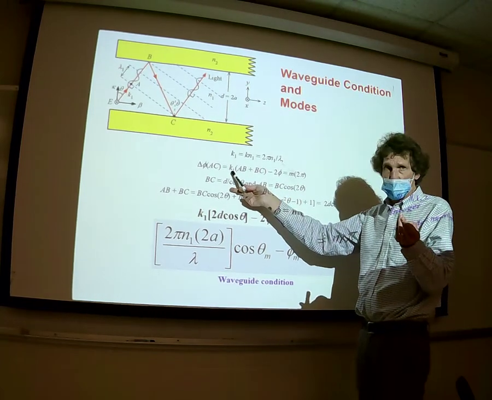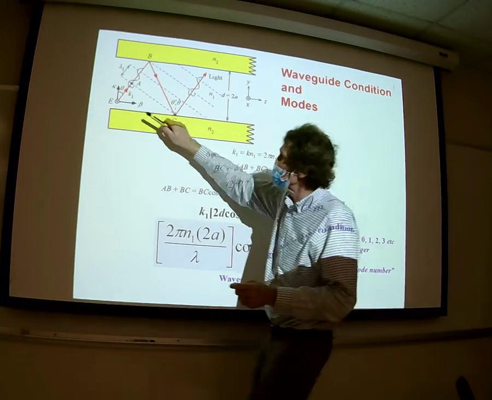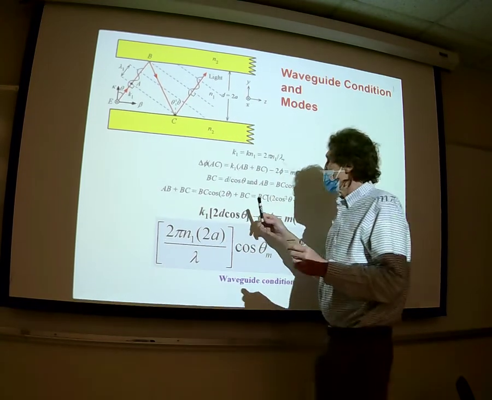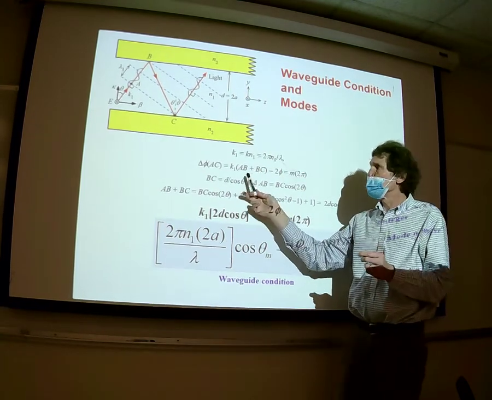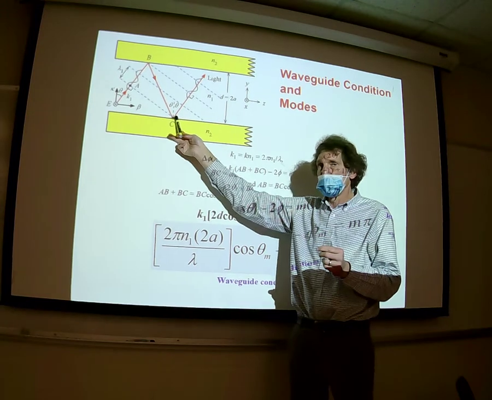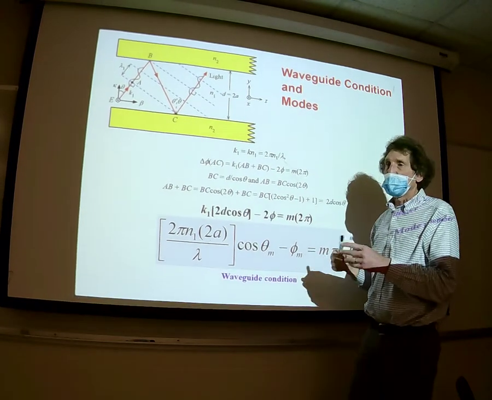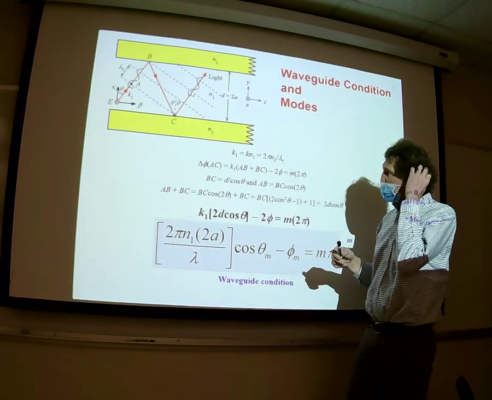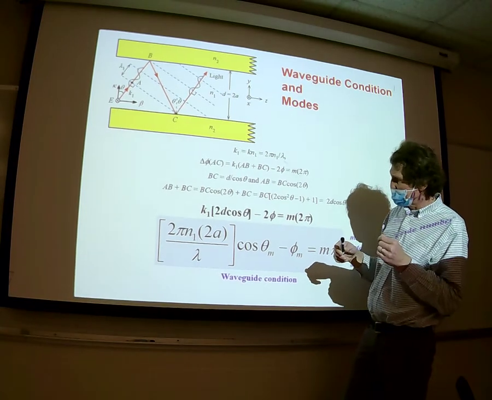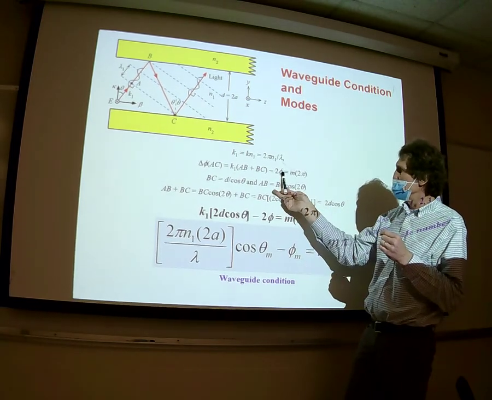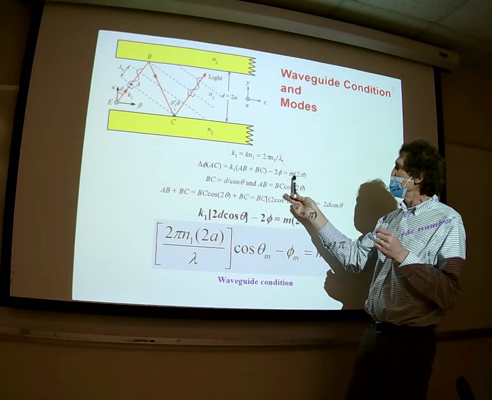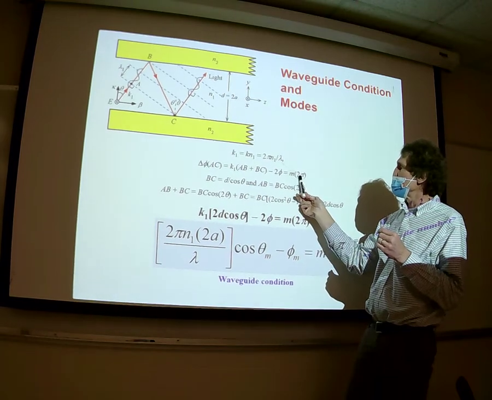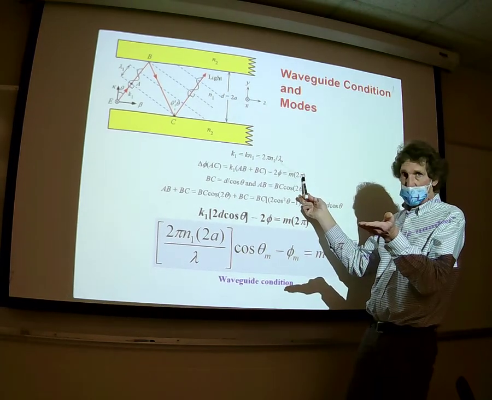Distance times beta would be the total phase change when it goes from here to here to here. But this doesn't include the actual phase effects right there, right? That type of bounce is going to cause a phase change that is added in. He has minus 2 times the phase change. And this has got to be, for constructive interference, 2 pi radians times n.